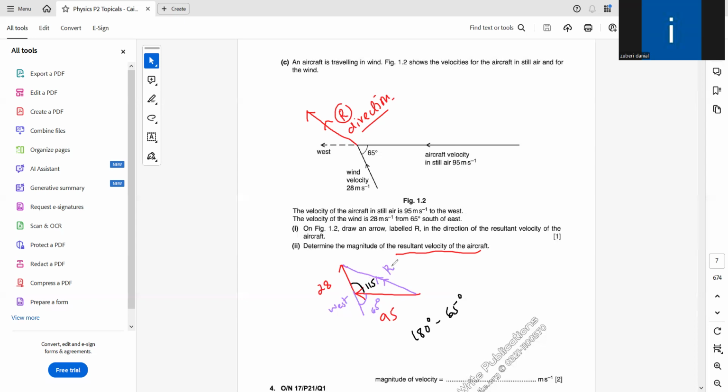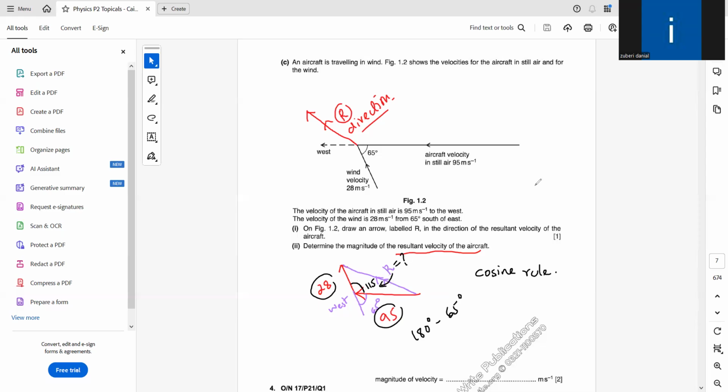Now I can use cosine rule because in this triangle here, I'm having two sides and an unknown side with an angle opposite to it, right?